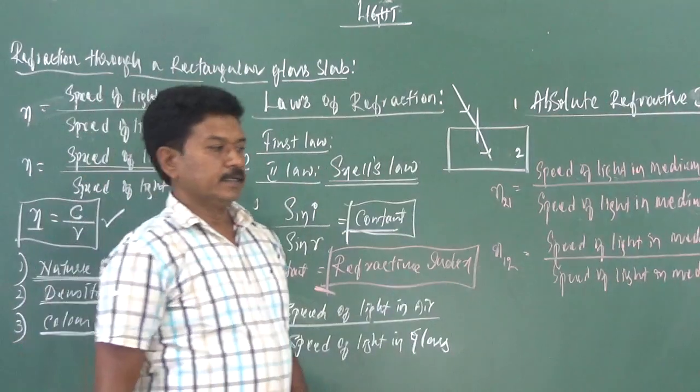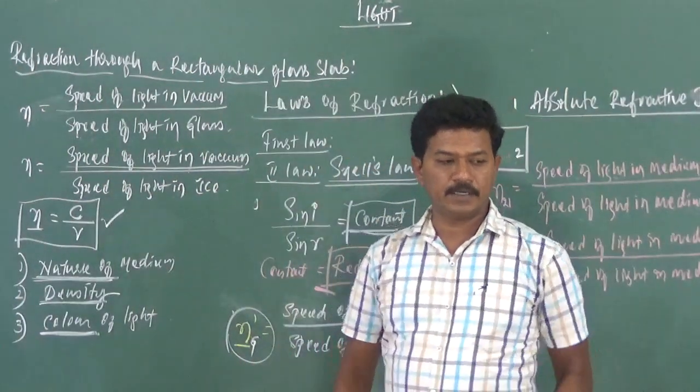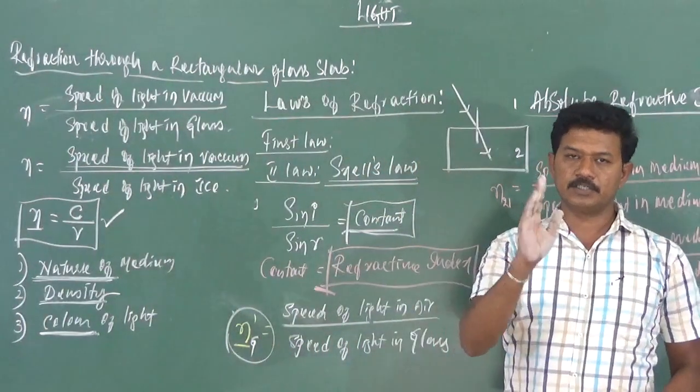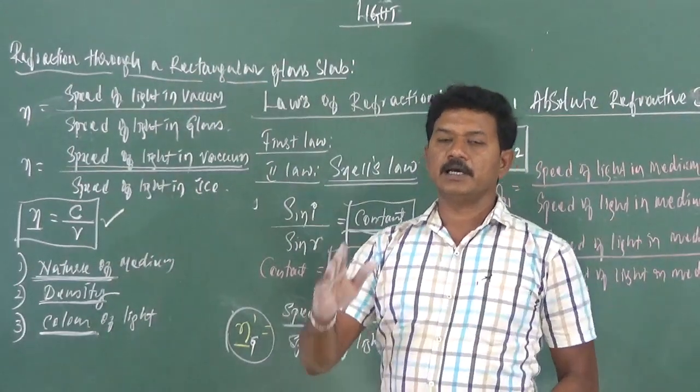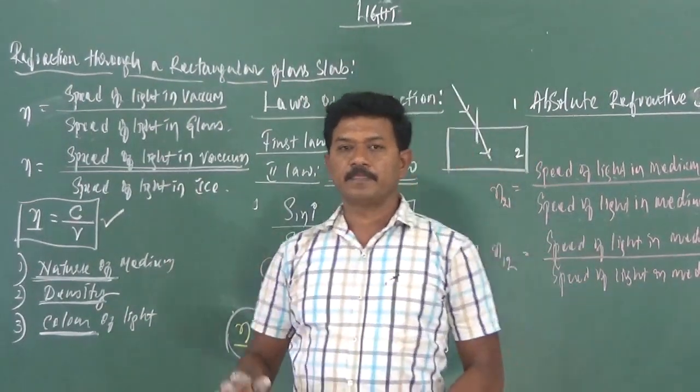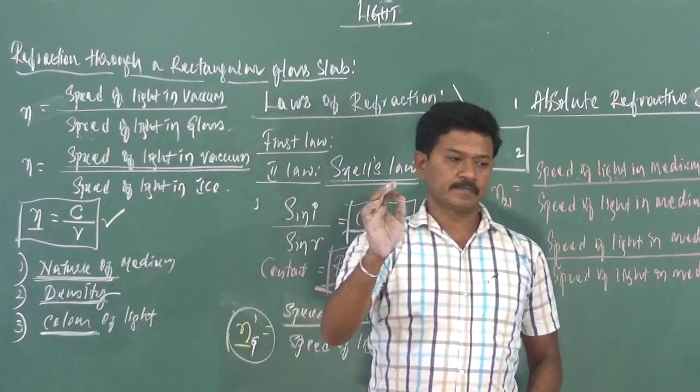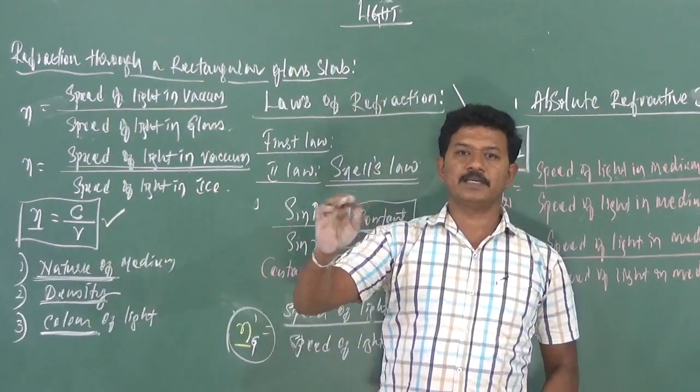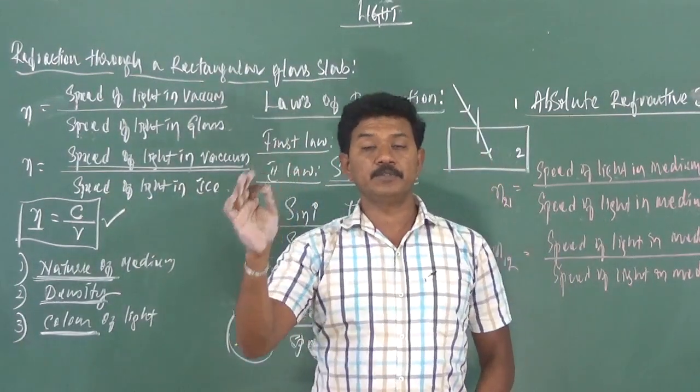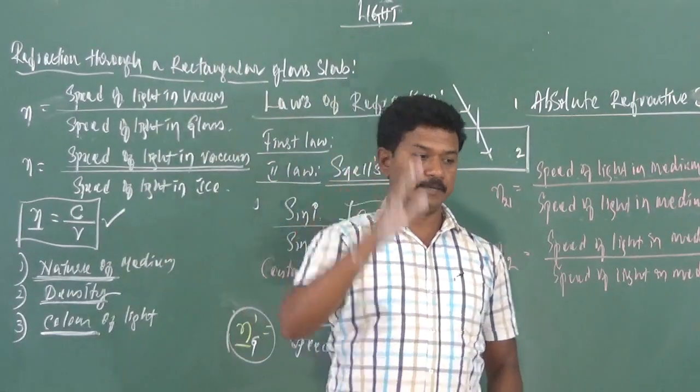Okay. So here we have two refractive indices. One is relative refractive index or just refractive index, and another one is absolute refractive index. The speed of light in vacuum to the speed of light in any medium gives the absolute refractive index of that medium.